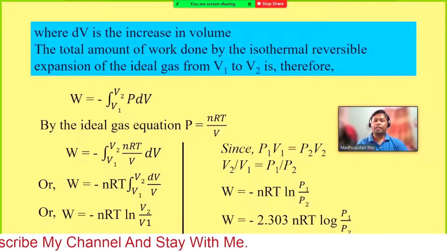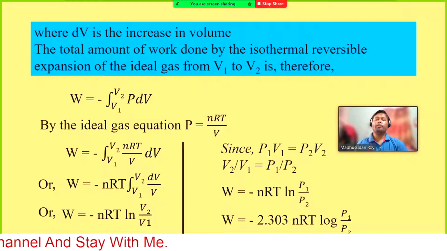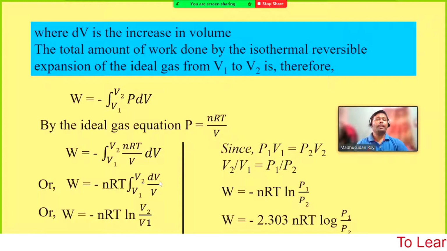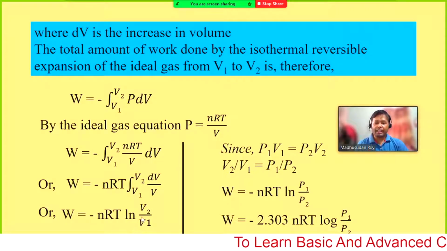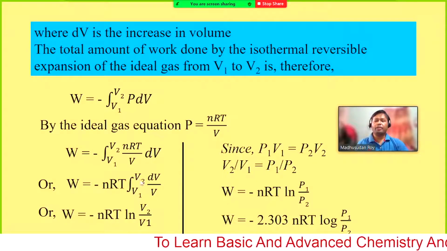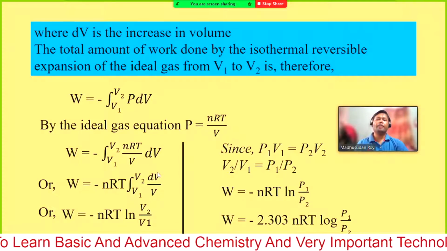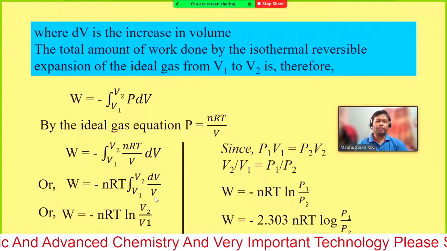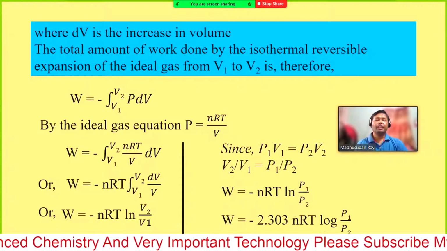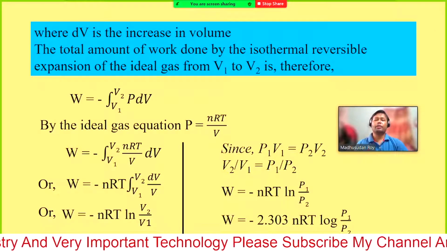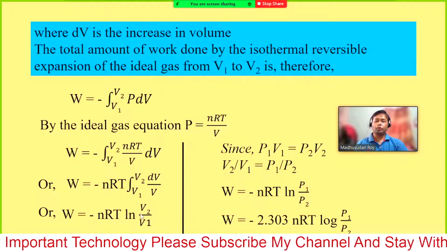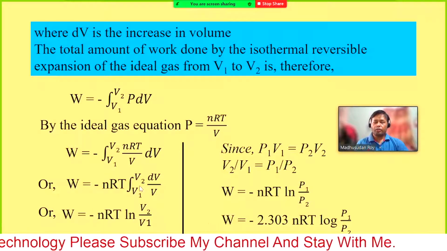So nRT, these are constant terms, so we don't need to do anything for the integration. So W equals, now what we have is the variable part only, dV by V. I think you are familiar with the integration. If you do not have, just learn here. If you have the integration of dV by V, or dx by x, you are familiar with this term, what would be the integration?